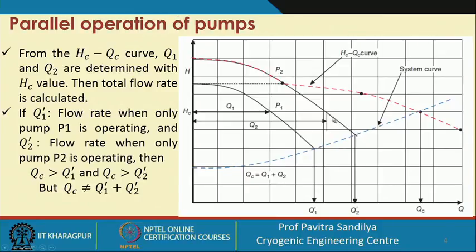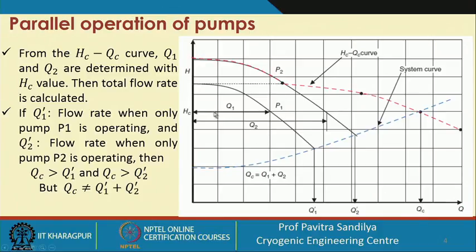From this we can find out the flow rate which we need, and this blue dotted one is showing the overall system curve. Wherever it intersects the overall HC-QC curve, this is the point of operation of the pump, and whatever flow rate we read by coming vertically down is the total flow rate which will be given by this parallel combination.